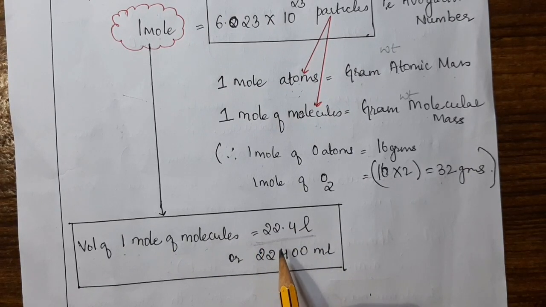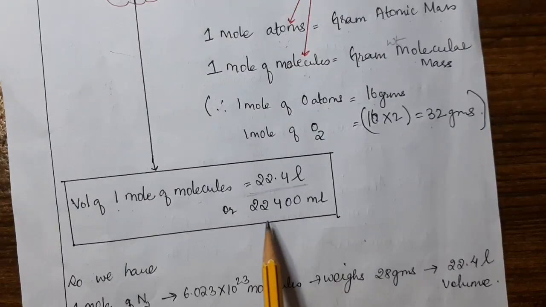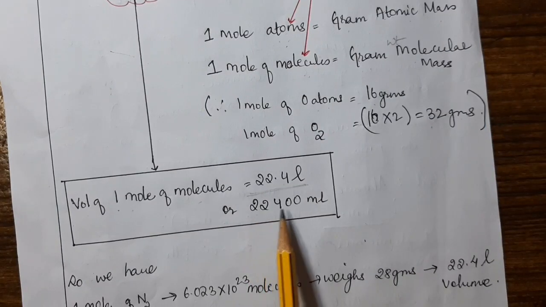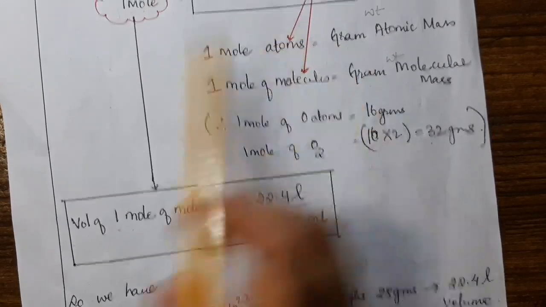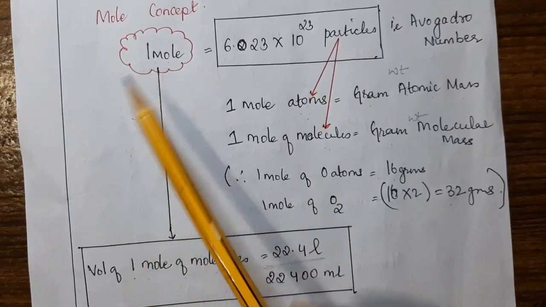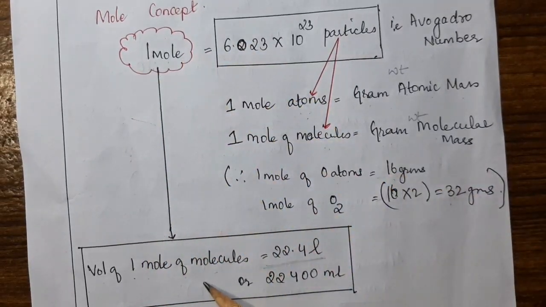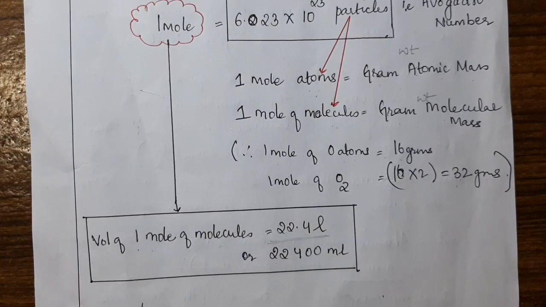Volume means the space occupied. Yes, it is 22.4 liters, or in terms of milliliters, 22,400 milliliters. I hope you know this. Yes or no? Relation of mole with volume: remember, 1 mole of molecules always has a fixed volume, that is 22.4 liters.